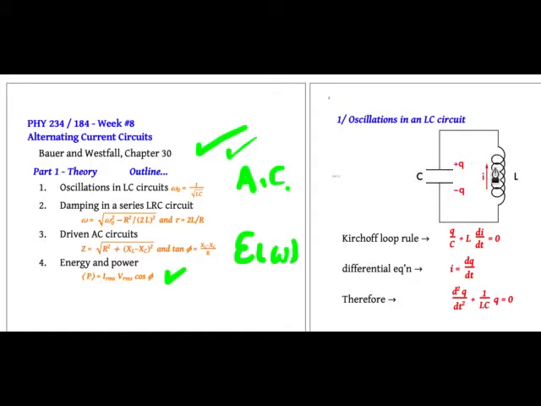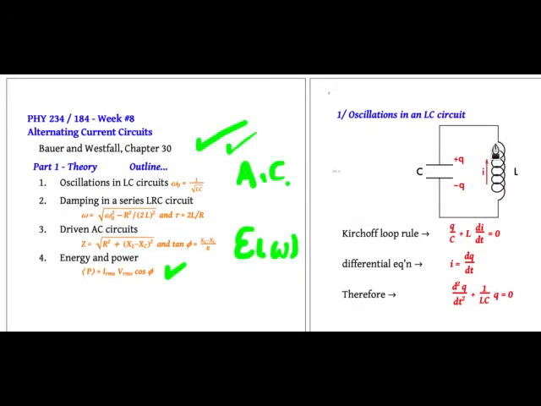Now the current will pass through the inductor because the inductor is nothing but a solenoid. The inductor is just a coil of wire. And we're going to neglect any resistance for now. There could be some resistance in the wire, and that will bring us to the second case of an LC circuit with resistance. But for the ideal case, let's suppose there's no resistance.